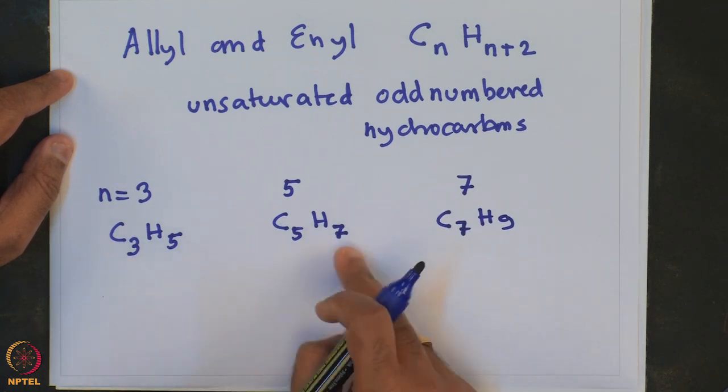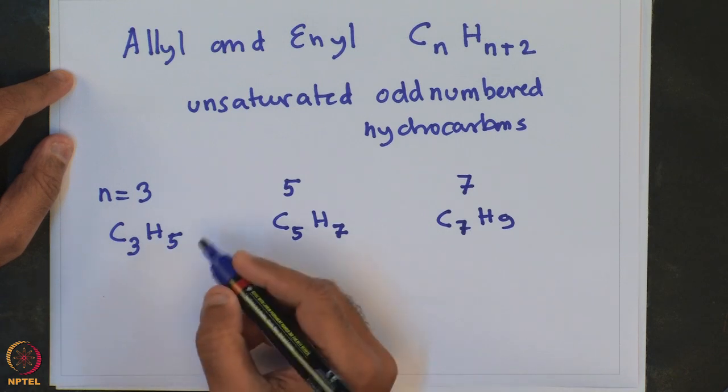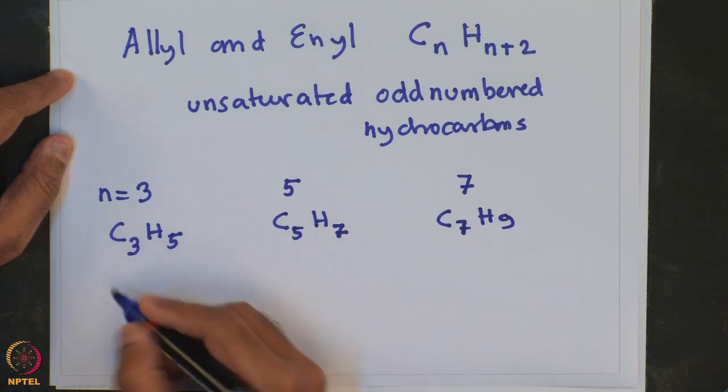Now, these are odd-numbered ligands and their structure is as follows.